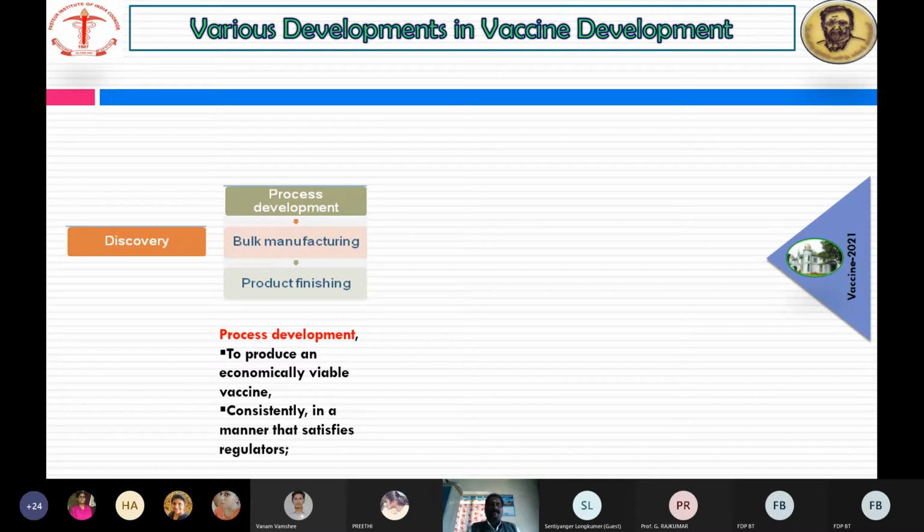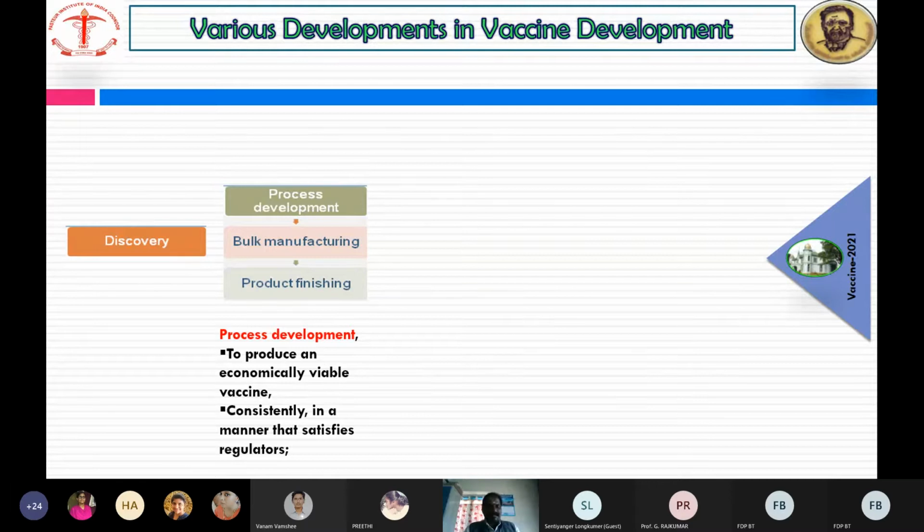For example, if a vaccine costs around 1,000 rupees, it's okay. If it costs 1 crore rupees, that is not economically viable. It should be affordable by the common man, and also consistent. Each and every vaccine development should give consistent results in 3 consecutive batches, in a manner that satisfies regulators.